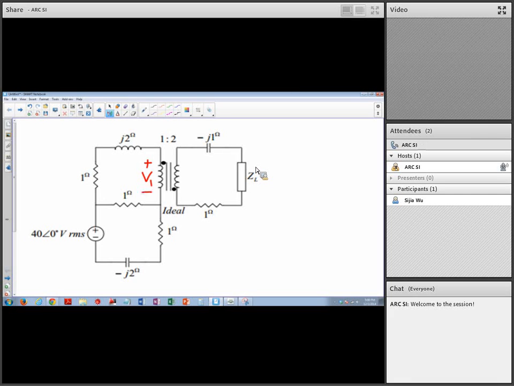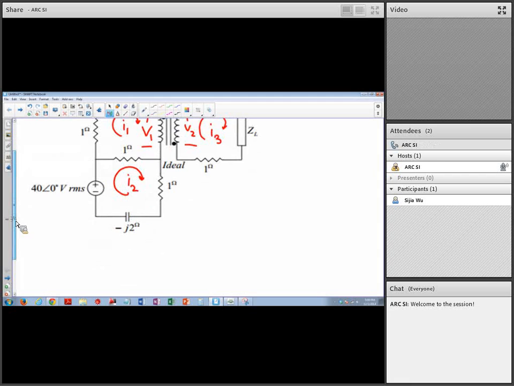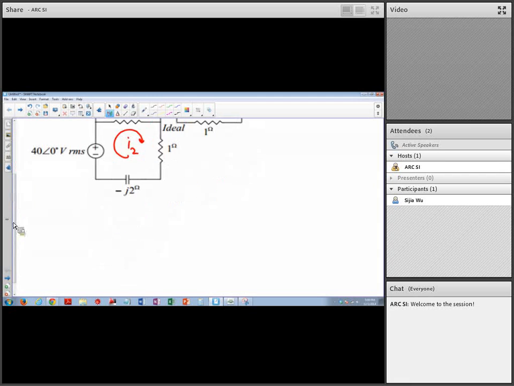So the V1 to that. We'll have three meshes. Let's try to write down the equations, starting with mesh 1.